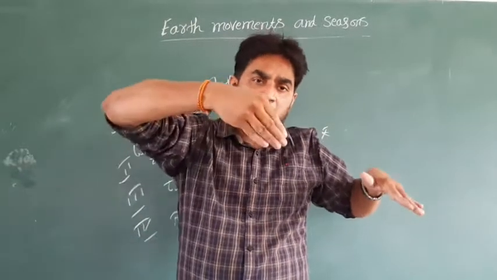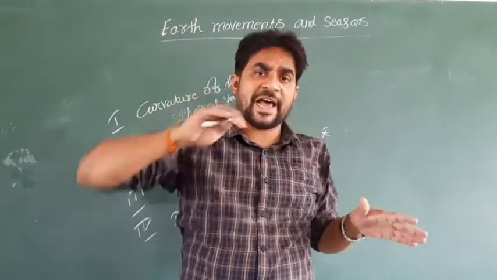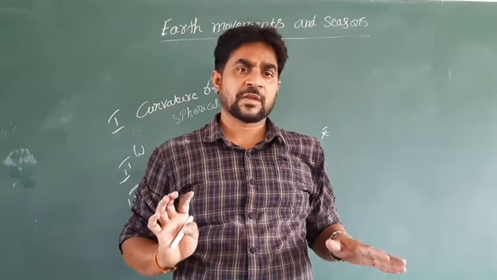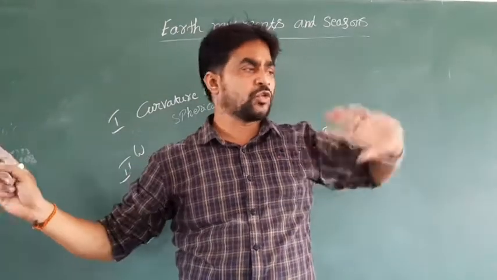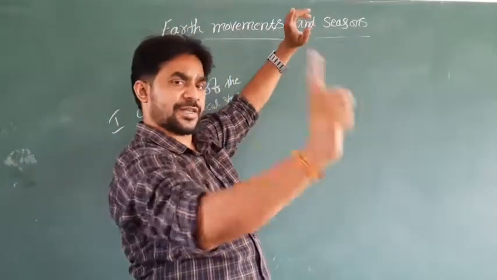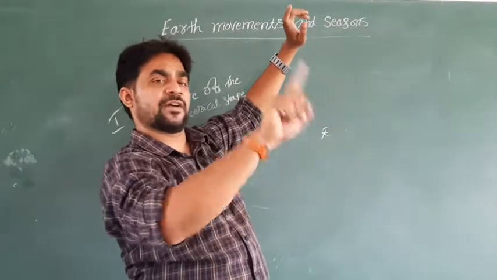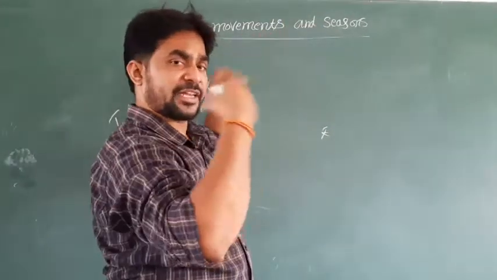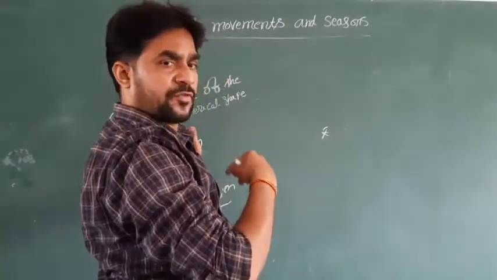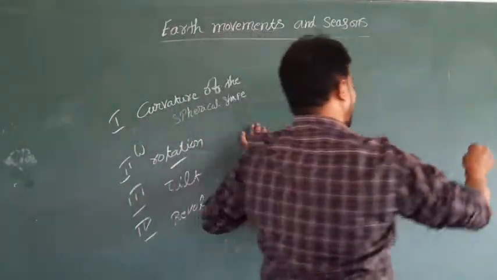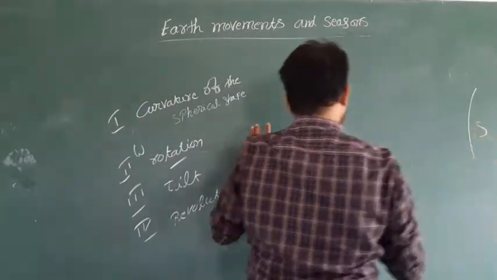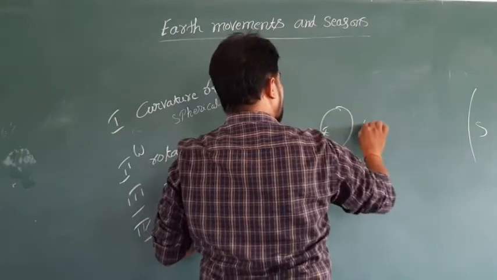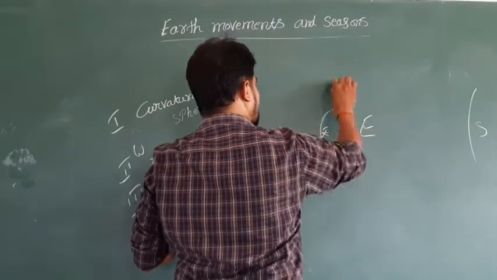So the earth rotates on its own axis from west to east, but it never travels away. Because of the rotation, the sun is on this side and the globe is here. This is the eastern side, this is the western side.